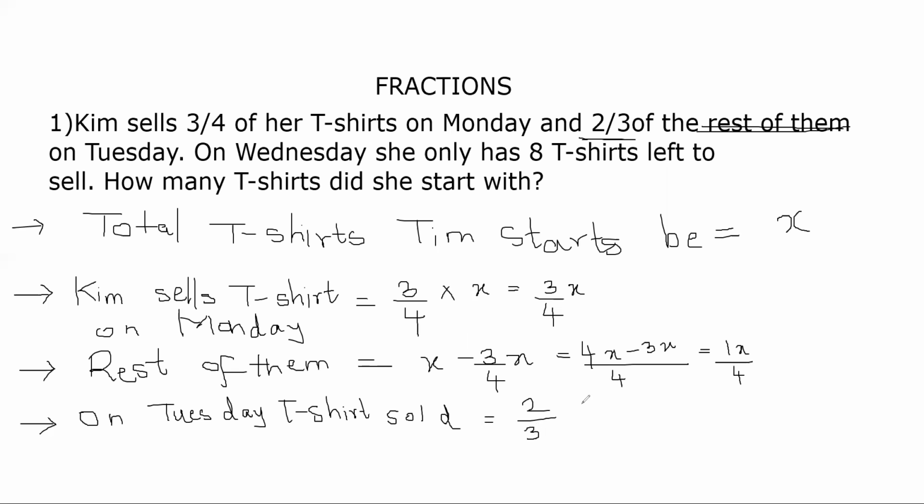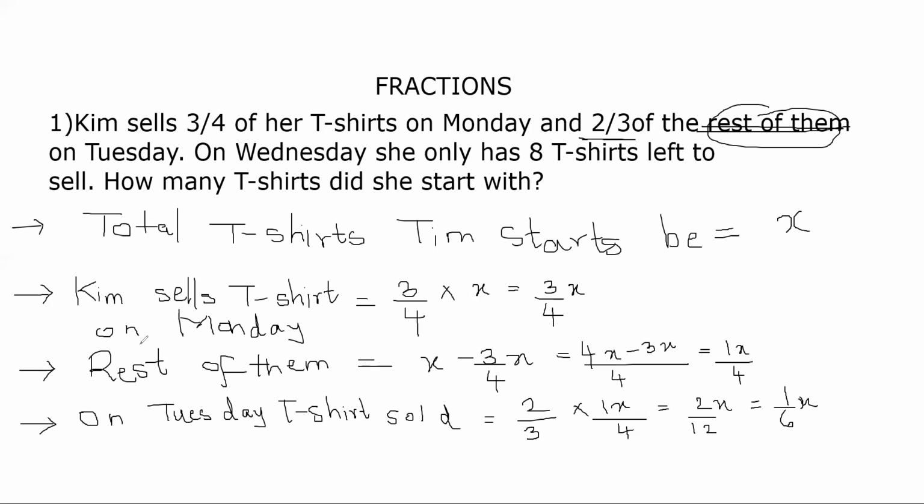The fraction "of" means multiplication, of the rest of them. So what is the rest of them? The rest is 1x upon 4, correct? So 2/3 of the rest of the t-shirts are sold on Tuesday. That is 2x upon 4 threes are 12, which on simplification will give you 1/6 of x.